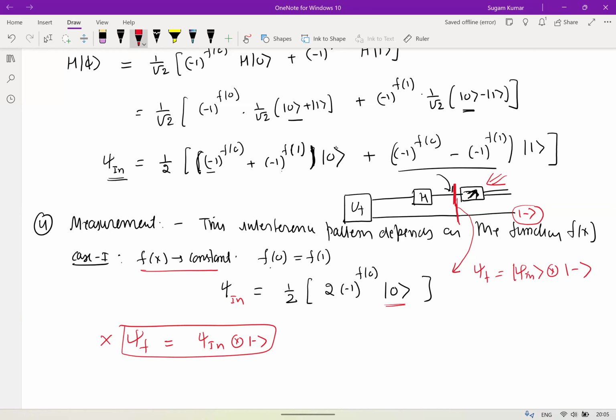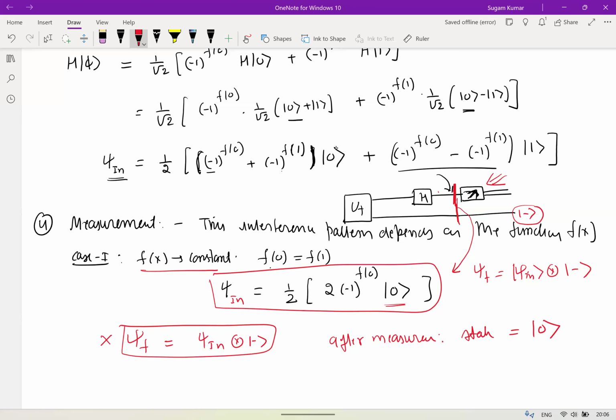Since you are doing measurement only on qubit 1, this is the result you are going to get. On this state, because there's only one basis state, there's no chance of collapsing, correct? Only one state is there and it will stay there. This is a basis state. Even after the measurement, the state will be only 0.